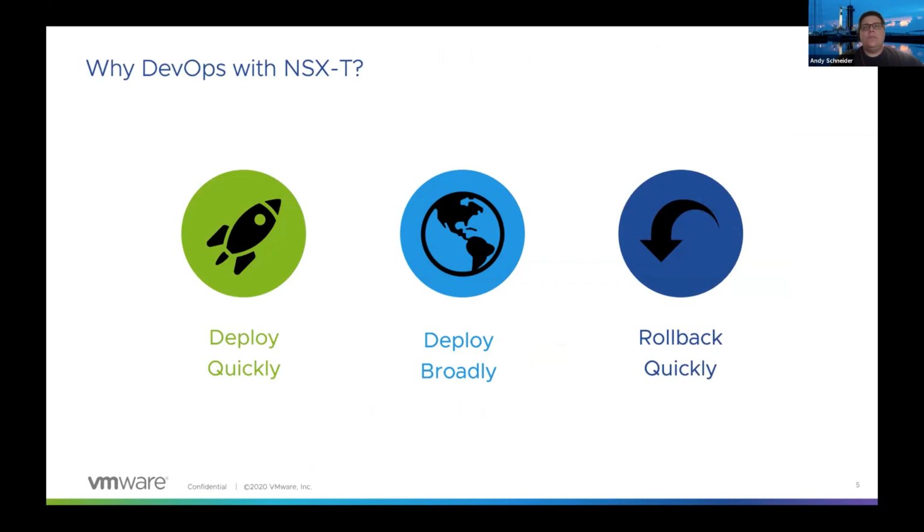So if you've got a use case where you're trying to create consistent policy across many NSX-T deployments, this could be one option for you. And I think very importantly, the third one, the capability of being able to roll back quickly and guarantee that your configuration state is rolled back to the previous state. It's an extremely powerful concept, and DevOps with Terraform enables that.